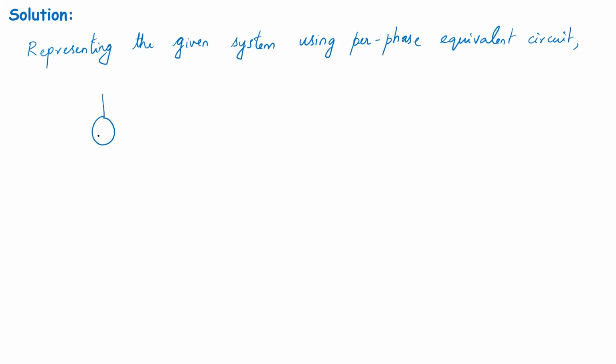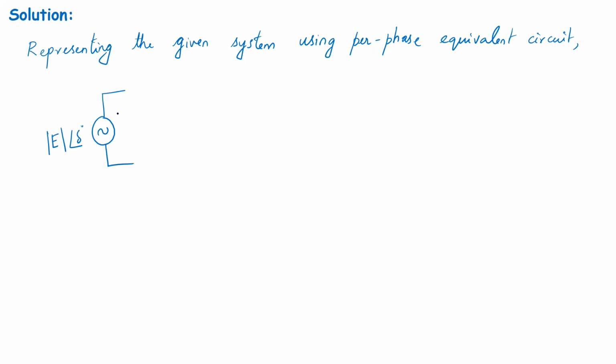A synchronous machine is usually represented or modeled using an alternating voltage source, and the magnitude and angle of this voltage source is nothing but the excitation EMF E with an angle, which is the power angle delta in degrees. This voltage source is usually in series with an impedance called the synchronous impedance of the machine.